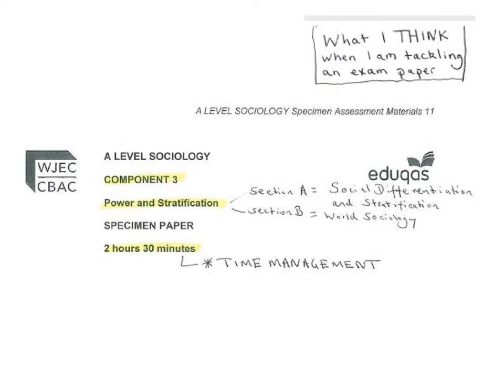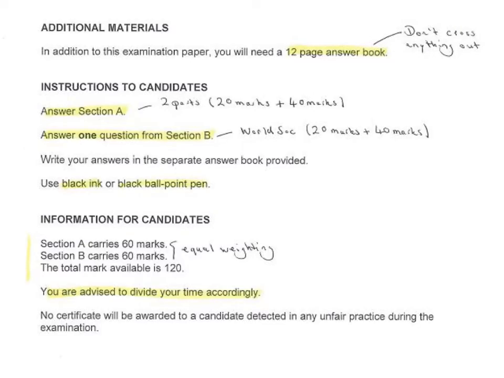And obviously with an exam of this length, one of the things that I would be thinking is that time management is crucial. This is what the rest of the front cover will look like. You'll be given your exam paper and a 12-page answer booklet. Remember that my advice with this answer booklet is not to cross anything out.